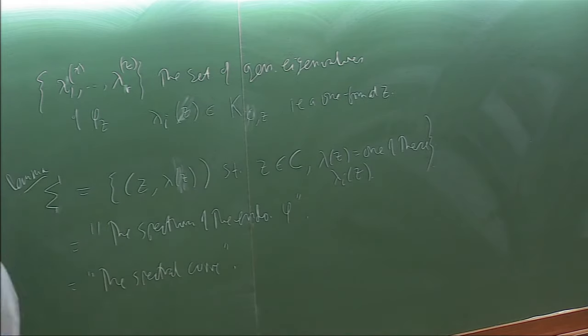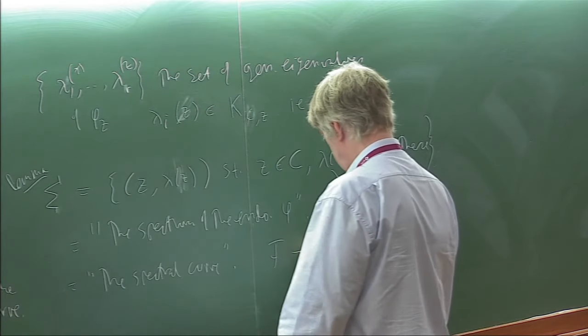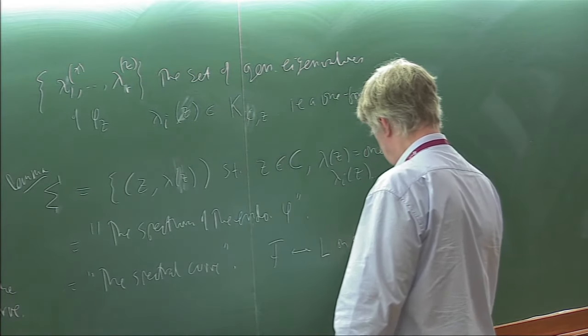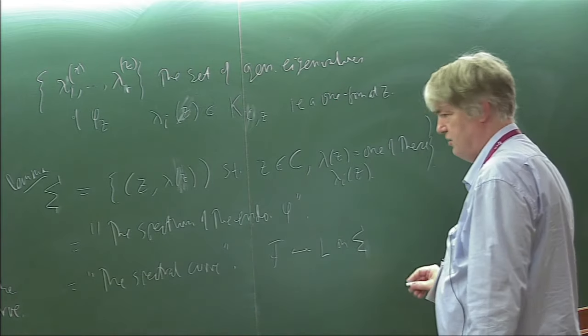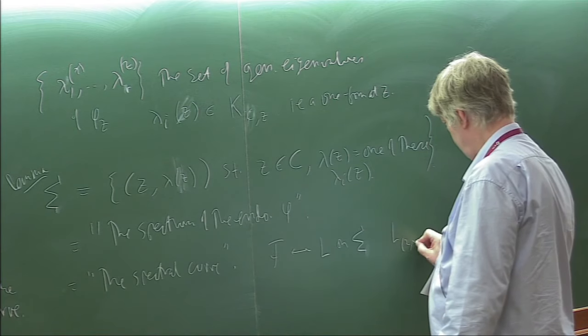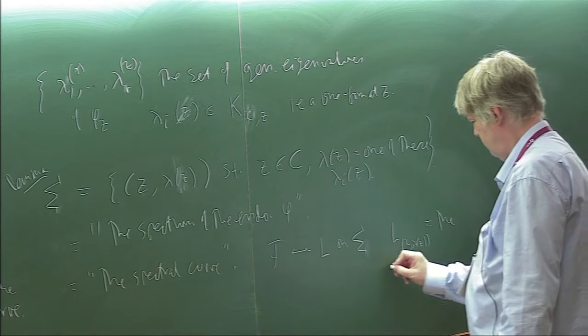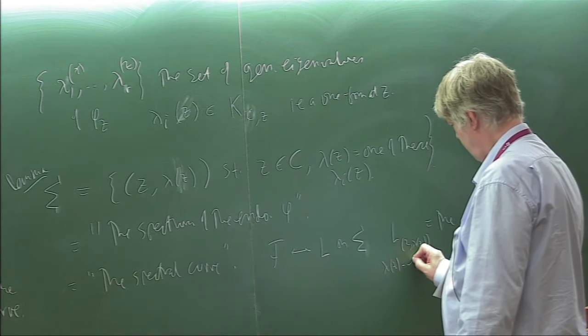Now F, let's call this line bundle L. So F corresponds to our line bundle L. And L is just what you think it would be, which is to say L at the point (z, lambda(z)) is just the lambda(z) eigenspace.